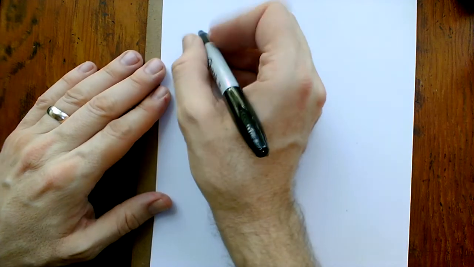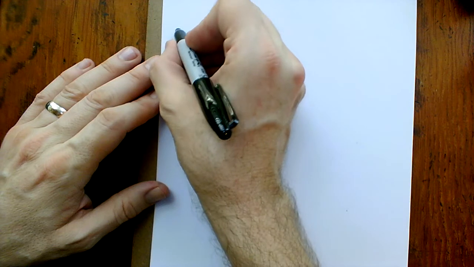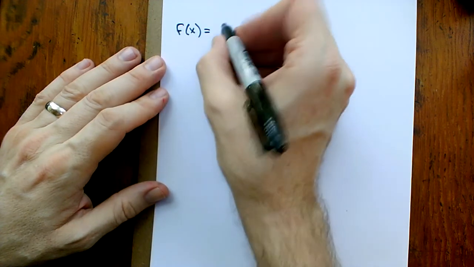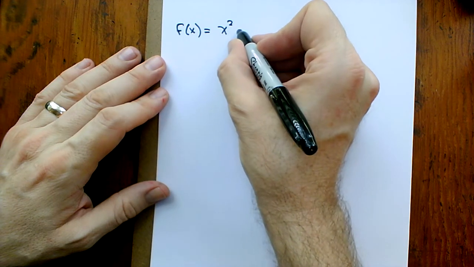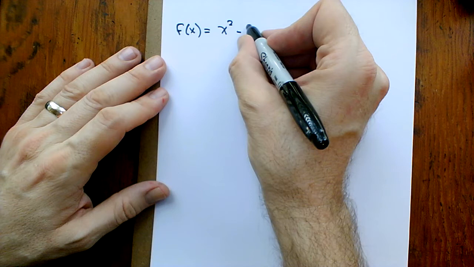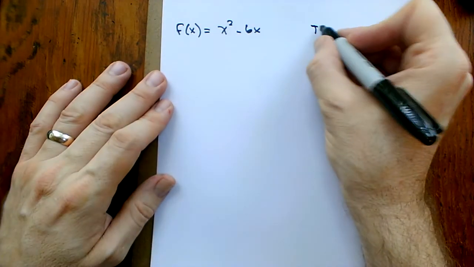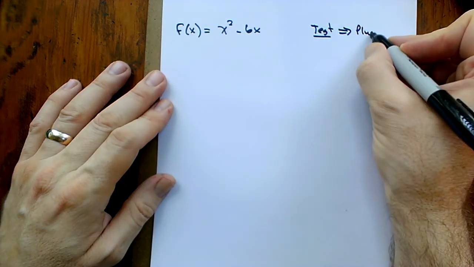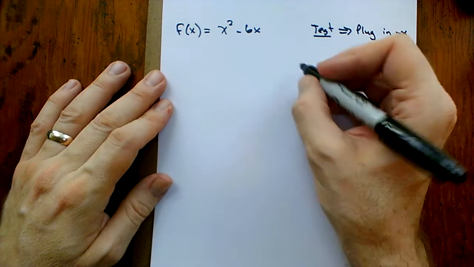So if we take some function, and I don't know whether or not it's even or odd symmetry, but I'll take some function here like f of x is equal to x squared minus 6x. And let's test this. We're going to plug in a negative x and see what happens.